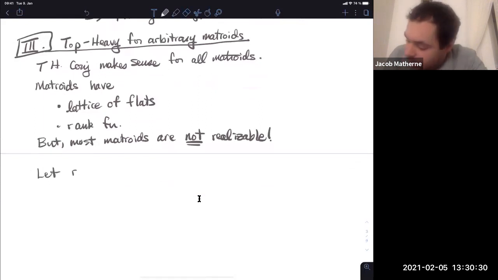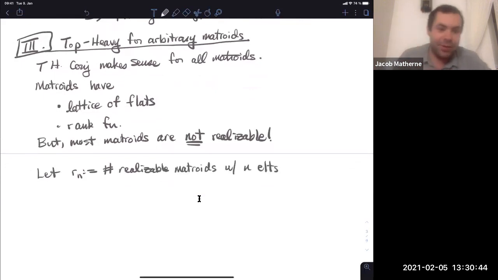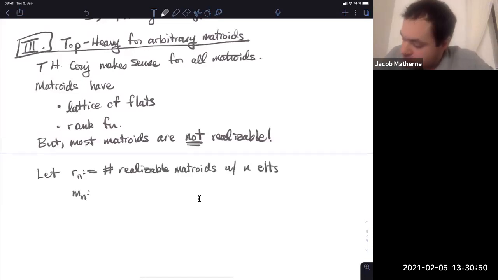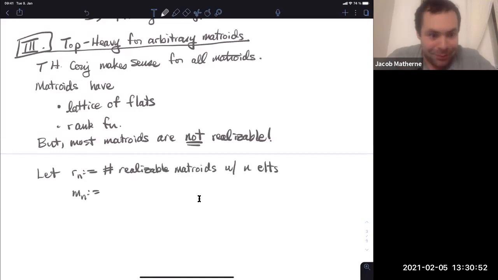I'm going to let R_n be the number of realizable matroids with n elements. You should think of this as hyperplane arrangements with n hyperplanes. And M_n is the number of matroids with n elements, not necessarily realizable by a hyperplane arrangement.